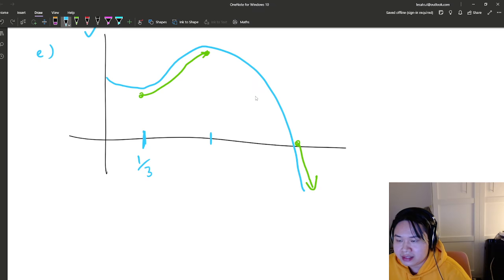We know that this is at the maximum, which is 2. So we can find the total distance that it travels by integrating from 1/3 to 2 of your velocity function.